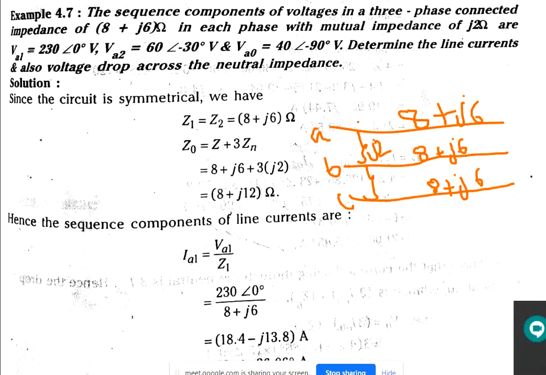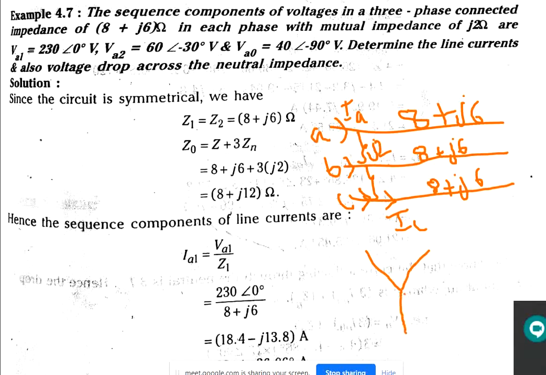So what he has asked is we need to find current in A, current in B, current in C. That means IA, IB, IC you need to find. And also you need to find the drop in the neutral, the voltage across the neutral.